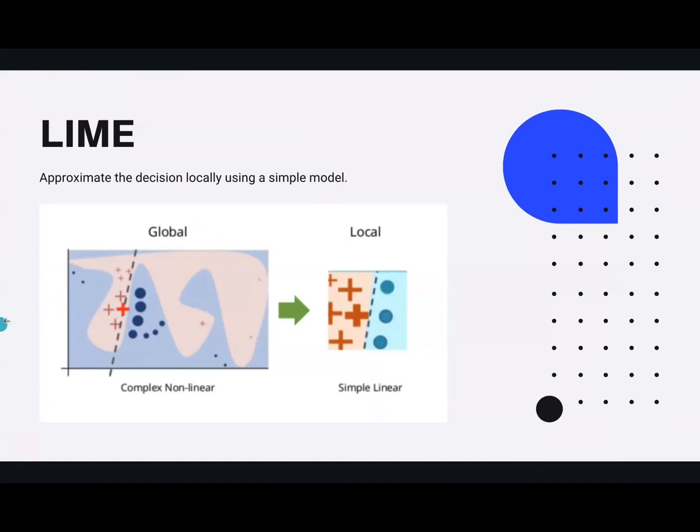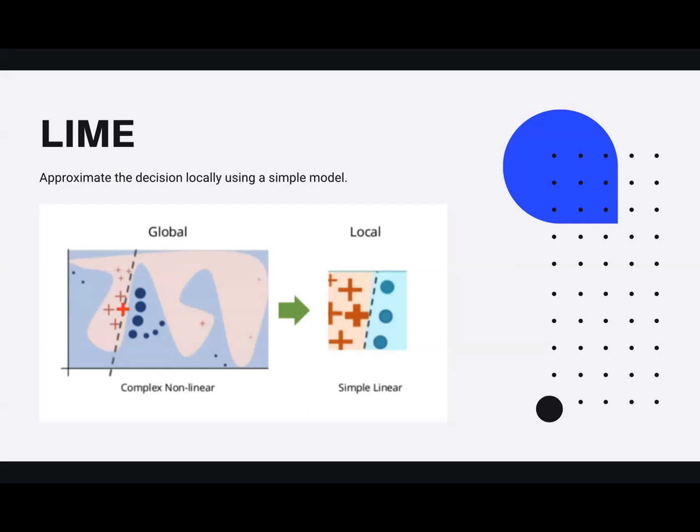We already know the class for all of these, because we have the model, so we can make the prediction for any random numbers that we want. We generate numbers around this region, create the class for all of these new samples, and we simply train a linear regression or a logistic regression.